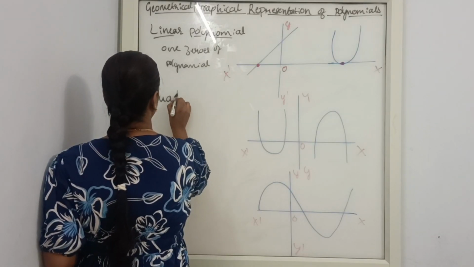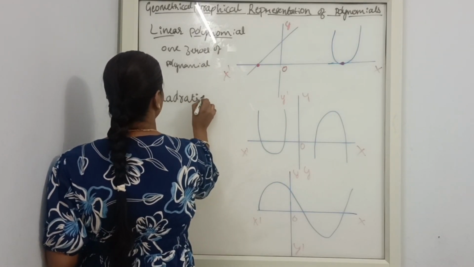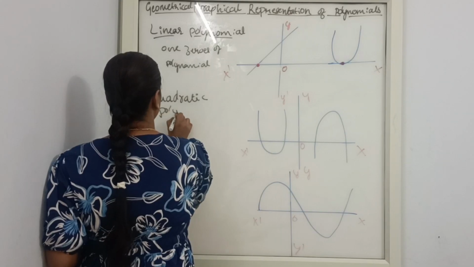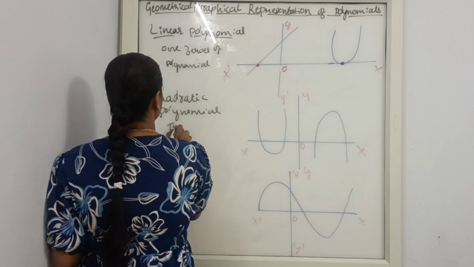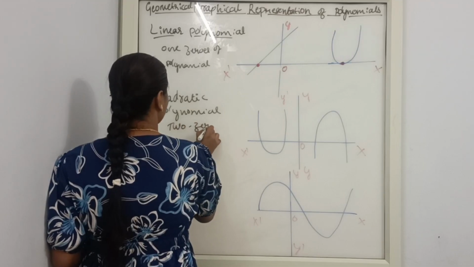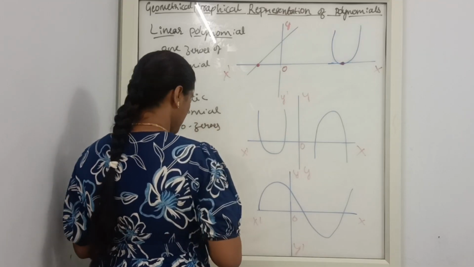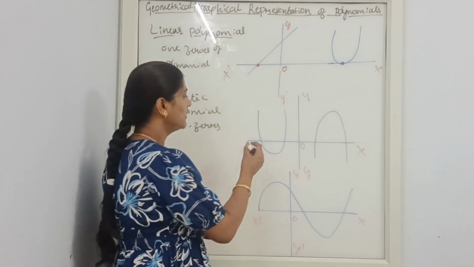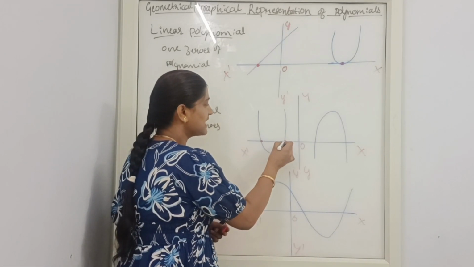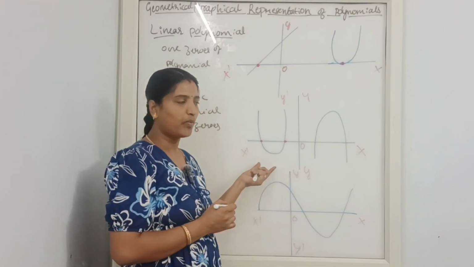Quadratic polynomial. We know that it has 2 zeros of polynomial, or 2 solutions. So like a parabola, it has to pass over the x axis, but at 2 points.